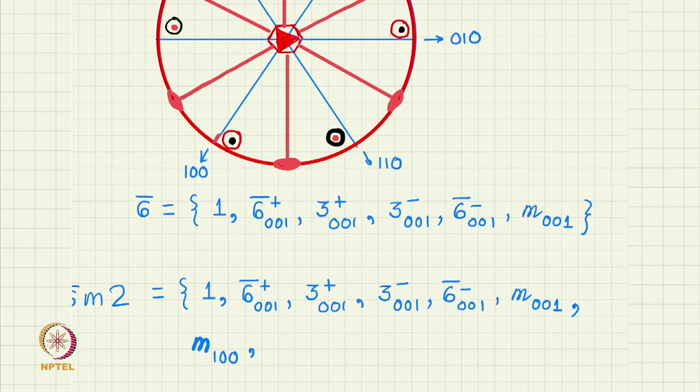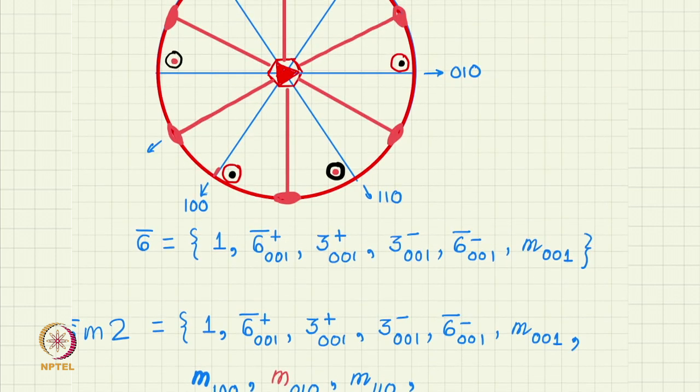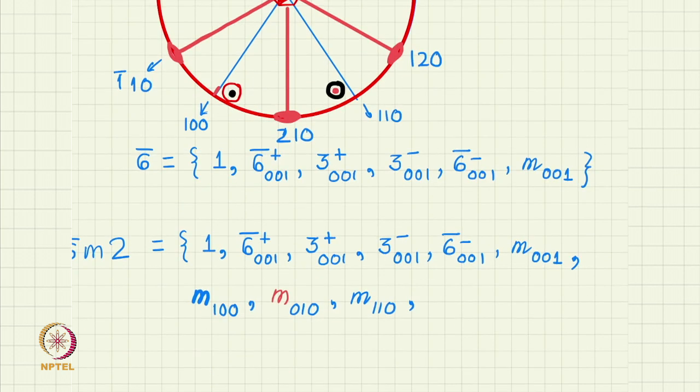If the other normals are M010 and M110, and the 2-folds are along bar 110, 210 and 120. So I have 2-folds bar 110, 210, 120.